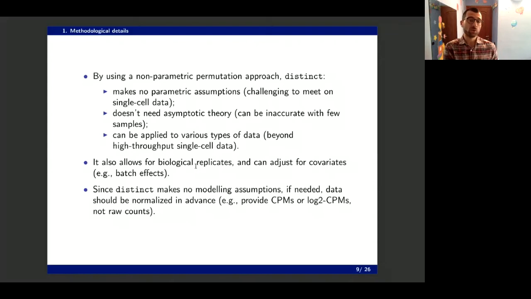And importantly, since we don't have any assumptions on how the data was generated, the method is very flexible, and so it can be applied to various types of data, even beyond the single-cell data applications that we consider. The method also allows for biological replicates and can adjust for covariates. And importantly, since we have no assumptions on the model, you have to normalize data in advance. So you should provide CPMs, log CPMs, and not raw counts.